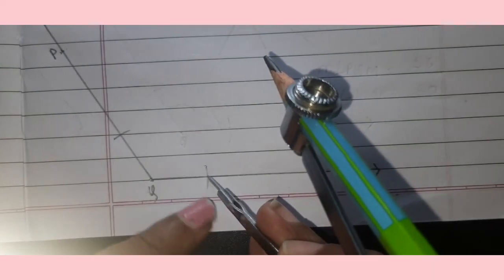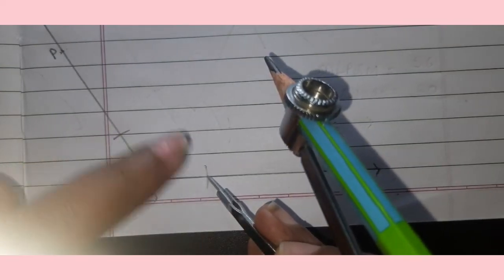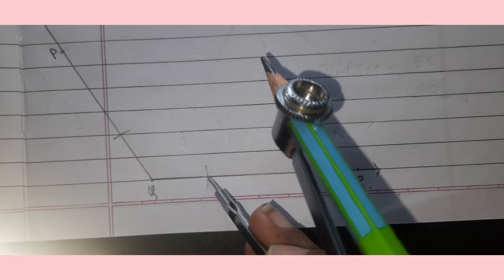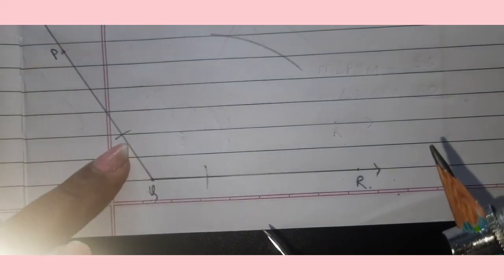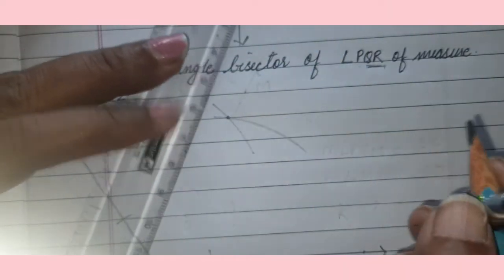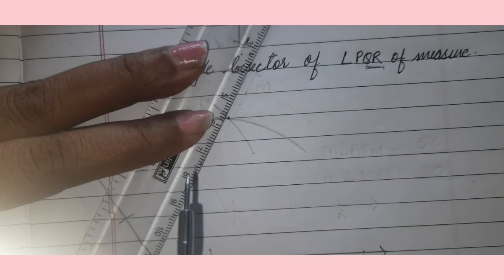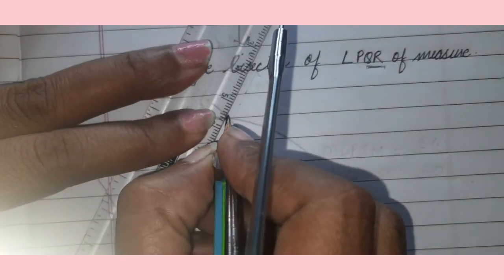Keep the pointer on the point where the arc and QR are intersecting. Then keep the pointer on the point where the arc and PQ are intersecting, without disturbing the distance between the arcs. Now I have got two points, where the arcs intersect, and I'll be joining that point of intersection with Q.